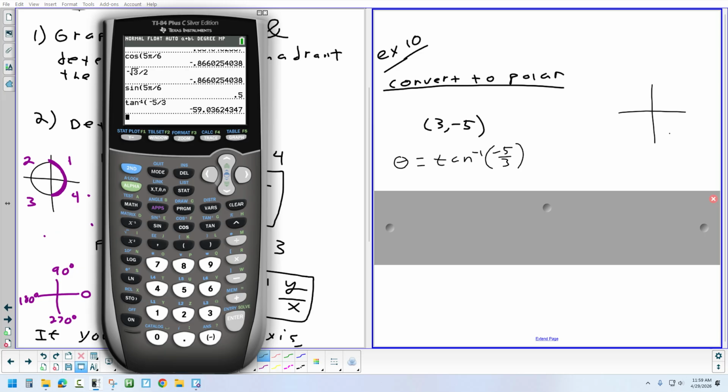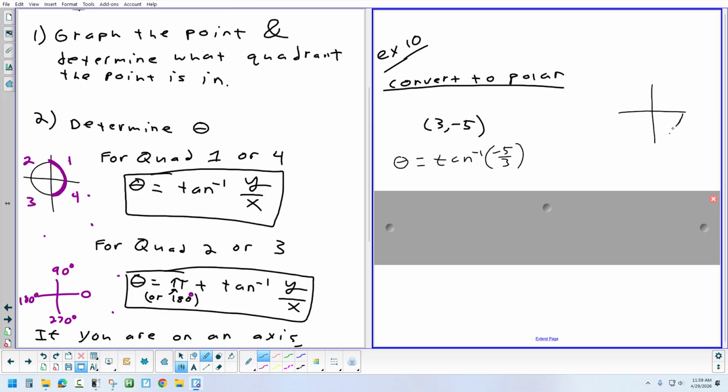And that makes sense because it's rotating this way. -59 degrees. What if they didn't want the answer with a negative angle? What could you add to that to make it positive? You could add 360 to it, and then it would bring you to the exact same point going the other way. They didn't say we couldn't use a negative, so I'm just going to use the negative angle.